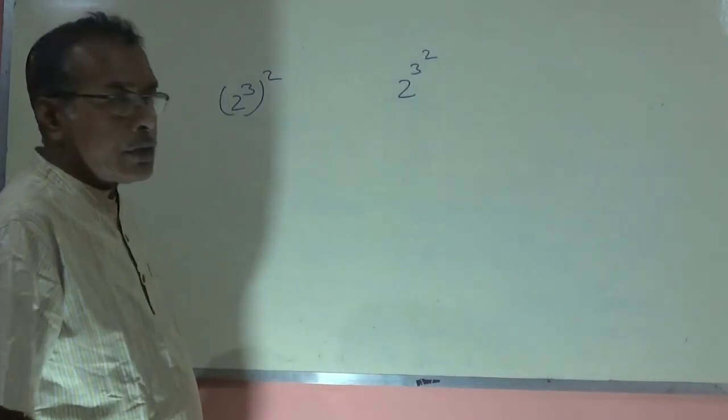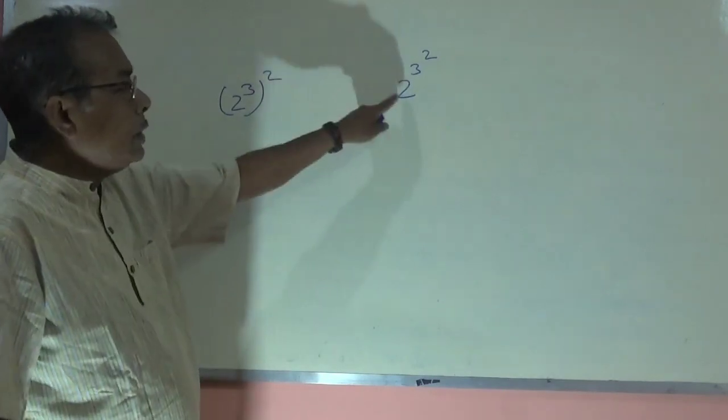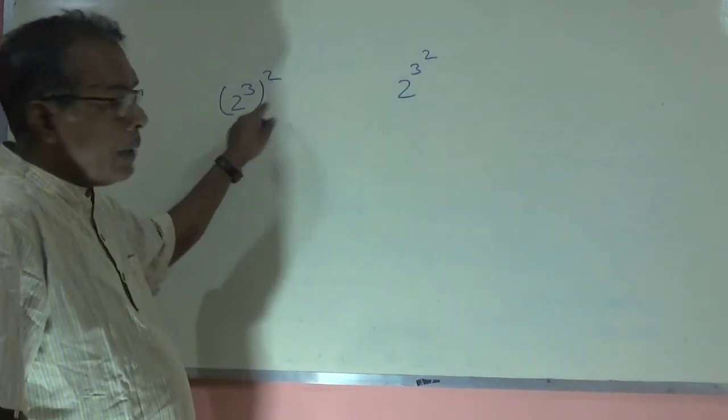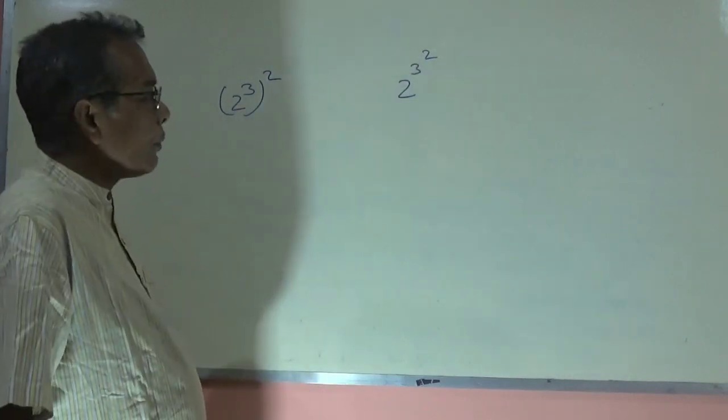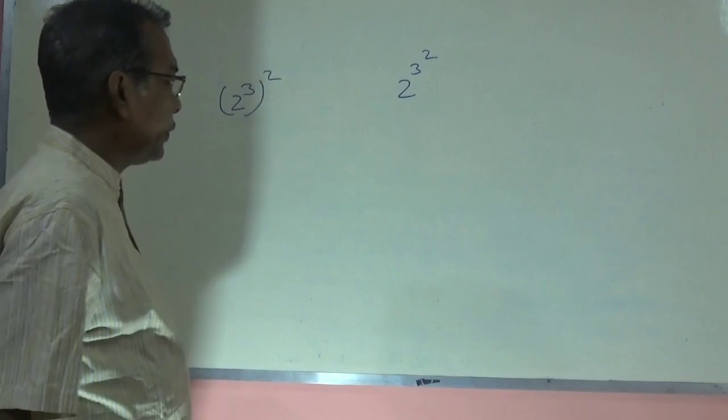What is the basic difference? What is the use of these brackets here, when the bracket is not there? I am telling you what the difference is.